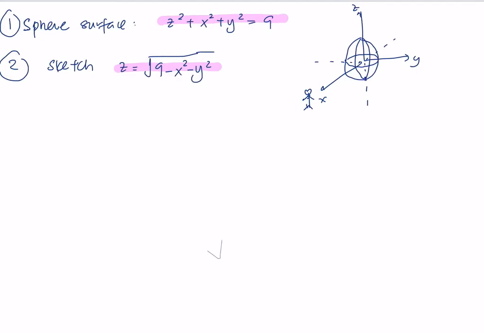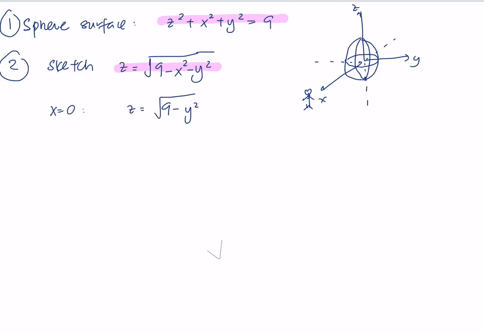If you sketch this, of course you need to have the three traces as well, because you have three variables. Let's say you make x equal to 0, and then you have z equal to the square root of 9 minus y squared. For this case, you need to remember the revision for the graph.